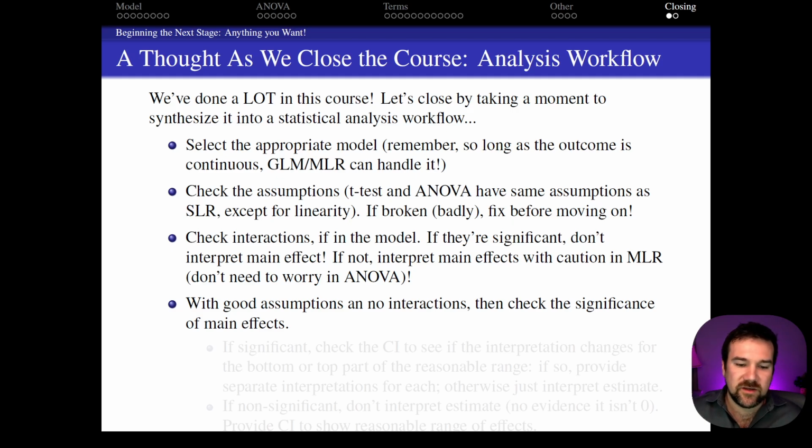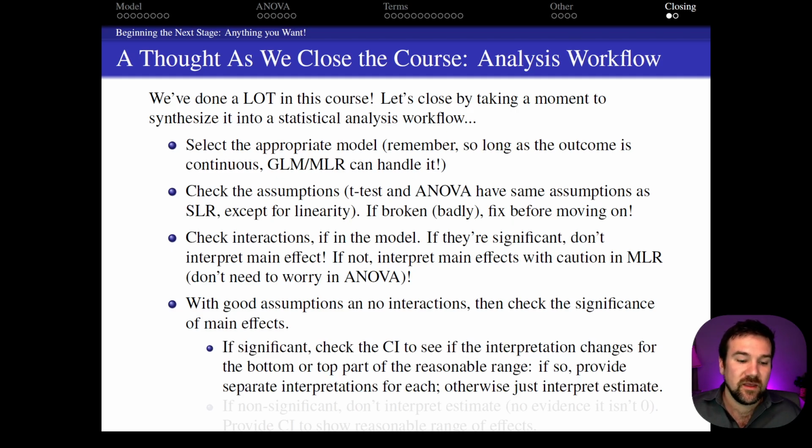With good assumptions and no interactions, then we can look at the significance of main effects. So remember, I look at statistical significance before I interpret them. If they're significant, then I look at the confidence intervals, and I look at the low end and the high end of the confidence interval and interpret those in terms of the context, because these are the top and bottom of the reasonable range provided by data.